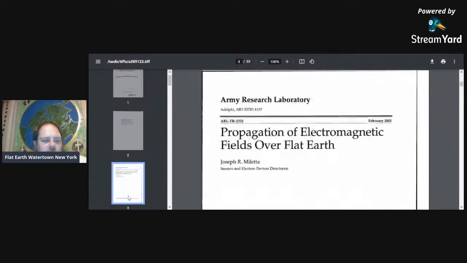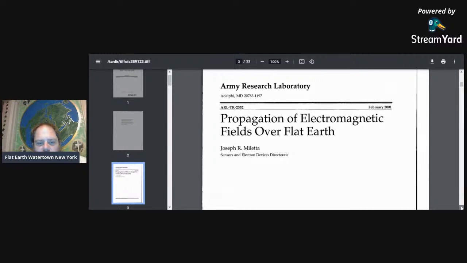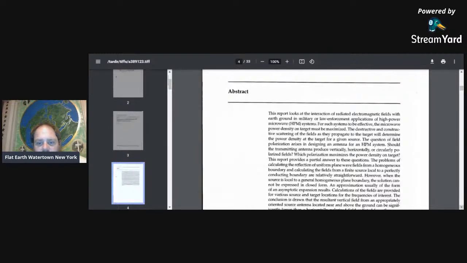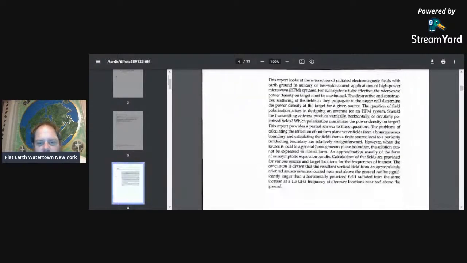Cool. February 2001. Says right down here, if you could see, the general homogeneous plane boundary. Homogeneous. Okay, that's the word. I knew I was pronouncing it wrong. So, a general homogeneous plane boundary.